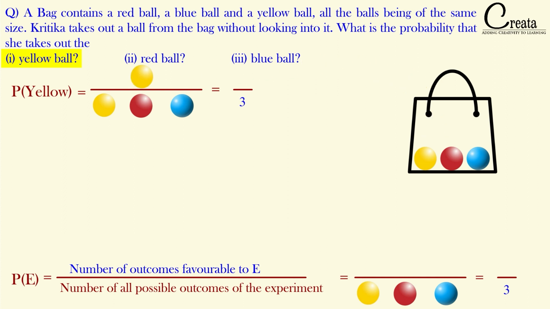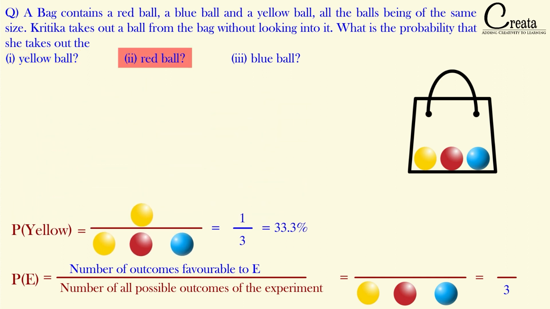So in the numerator it will be yellow ball, that is 1. So our answer for the first case is 1 by 3, that is 33.3%. If Kritika puts her hand into the bag, the probability of taking the yellow ball out is 1 by 3 or 33.3%. Got it?